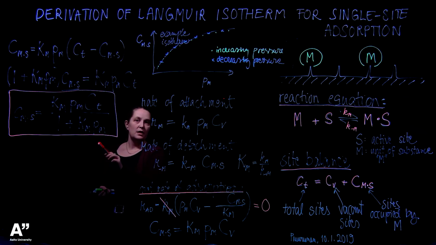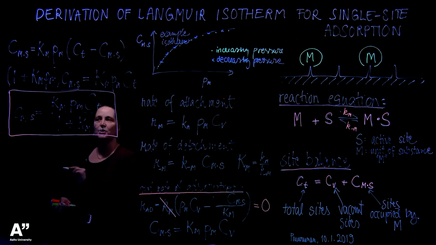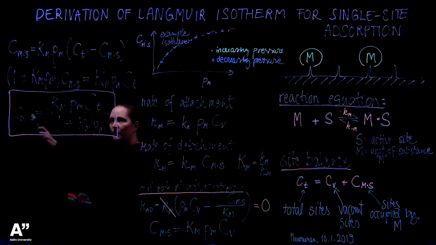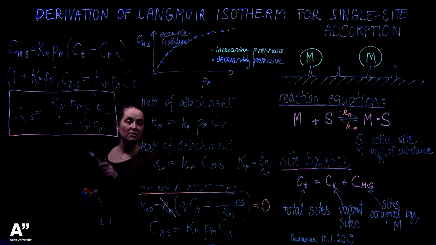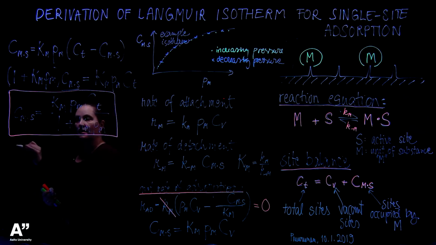Some of you may have seen expressions of Langmuir adsorption isotherm, and you might not recognize this form. So what can still be done? We can present this in many ways. One way is to consider the ratio of occupied sites to the total sites. This is something that is known as coverage in chemisorption. That is usually referred to with a theta letter.